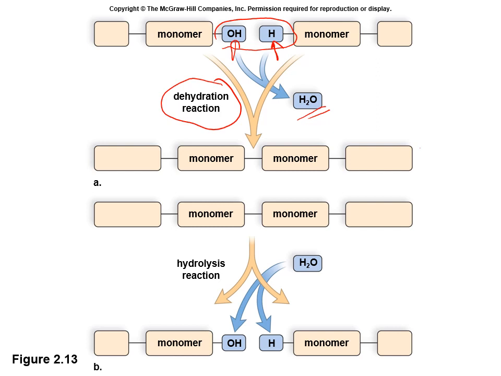Then the resultant is known as a polymer. Now when the polymer is broken down, it involves addition of water. So we call this a hydrolysis reaction. So during hydrolysis reaction, water is added, and when water is added, the monomer is formed from breaking down of a larger polymer.